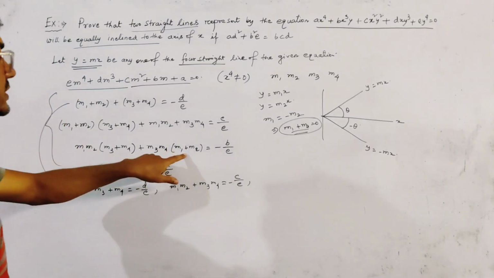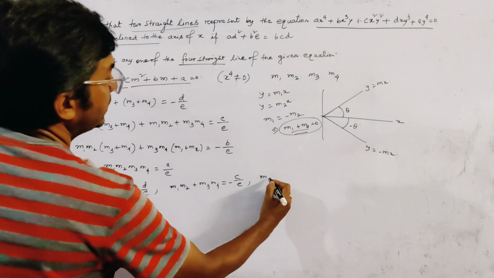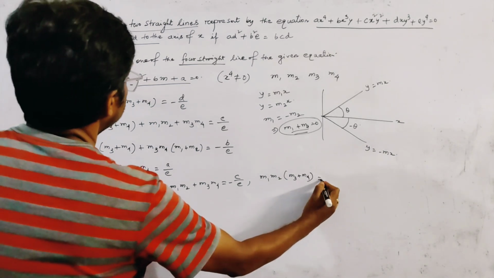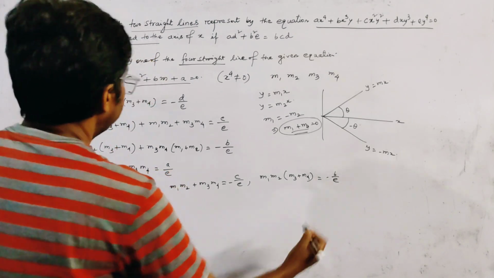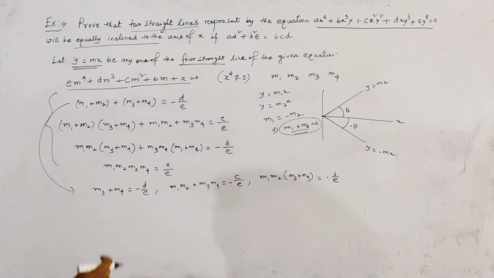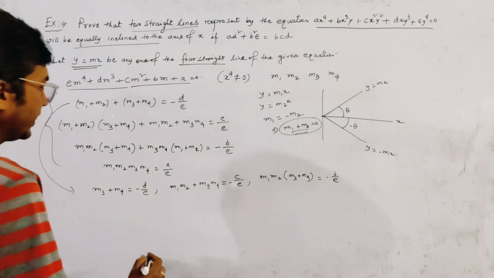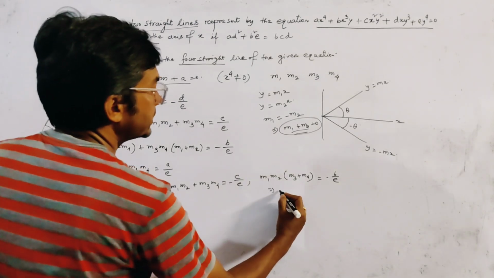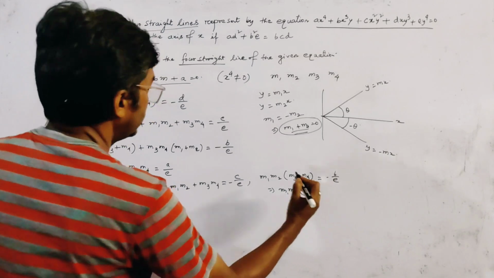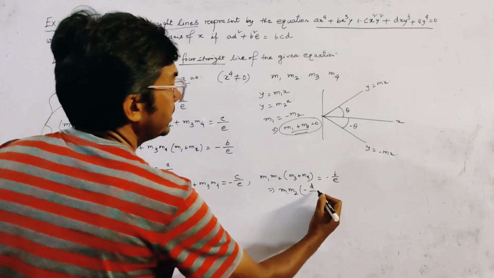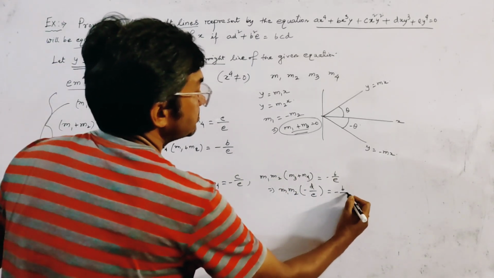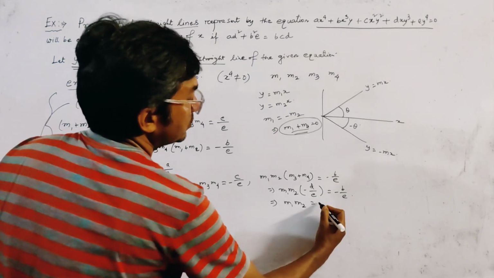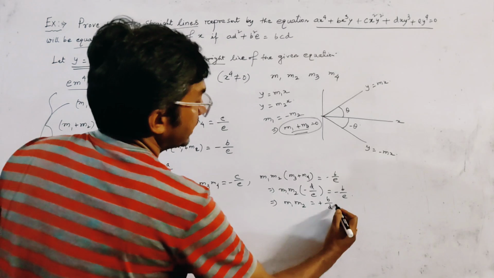The third relation, since this term is 0, is m1m2(m3 + m4) = -b/e. Putting the value of m3 + m4 here, we get m1m2(-d/e) = -b/e. So we get m1m2 = b/d.